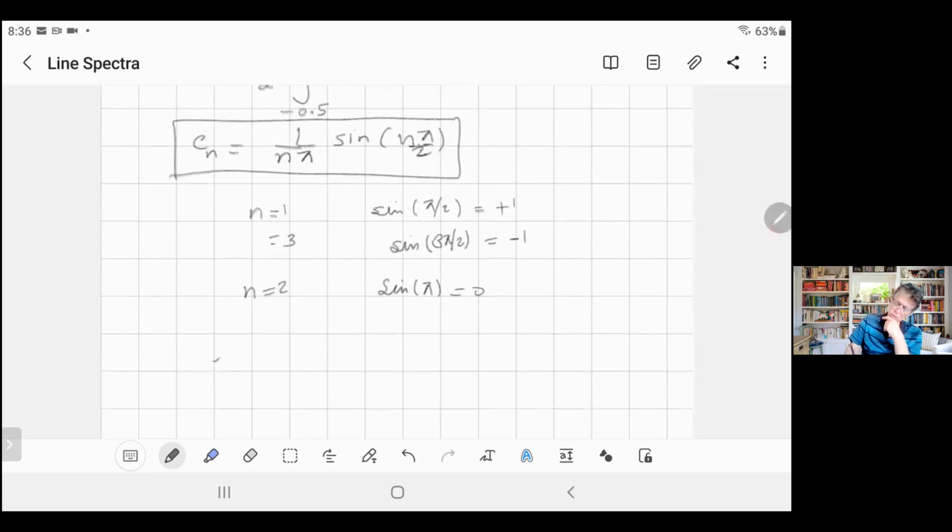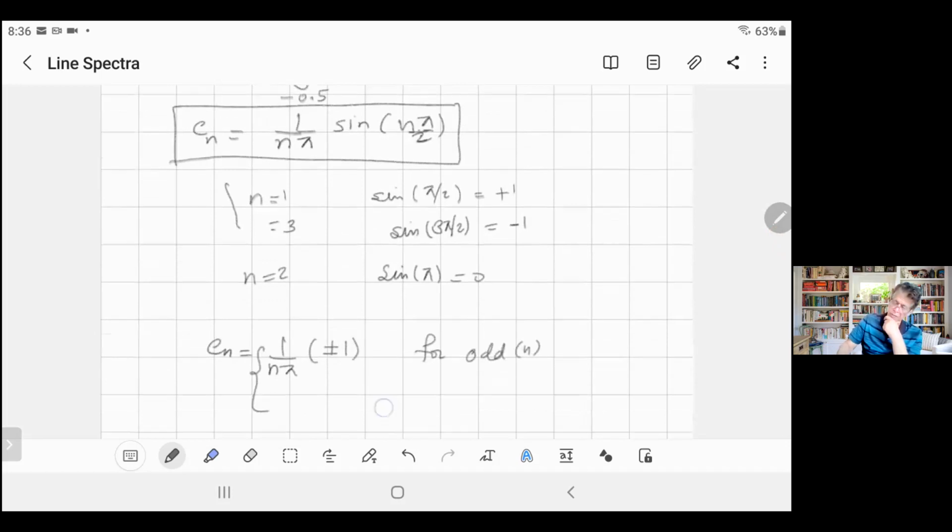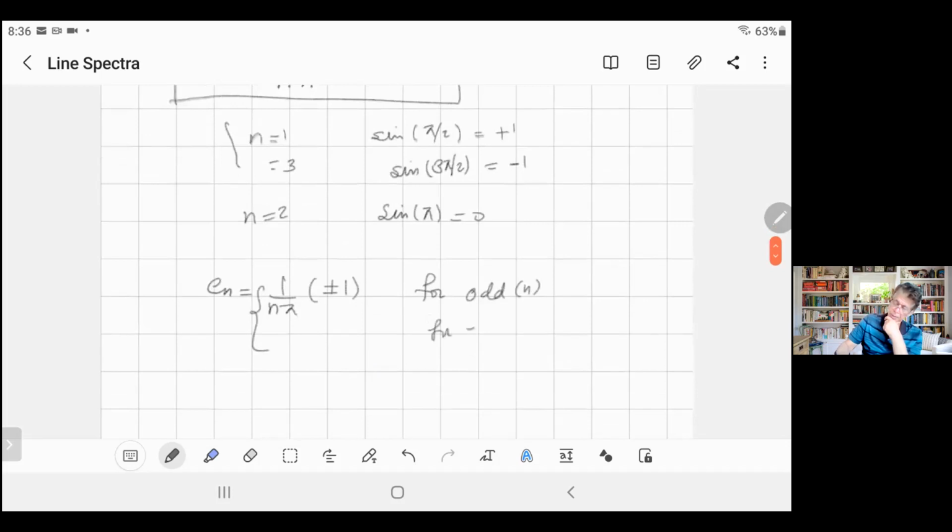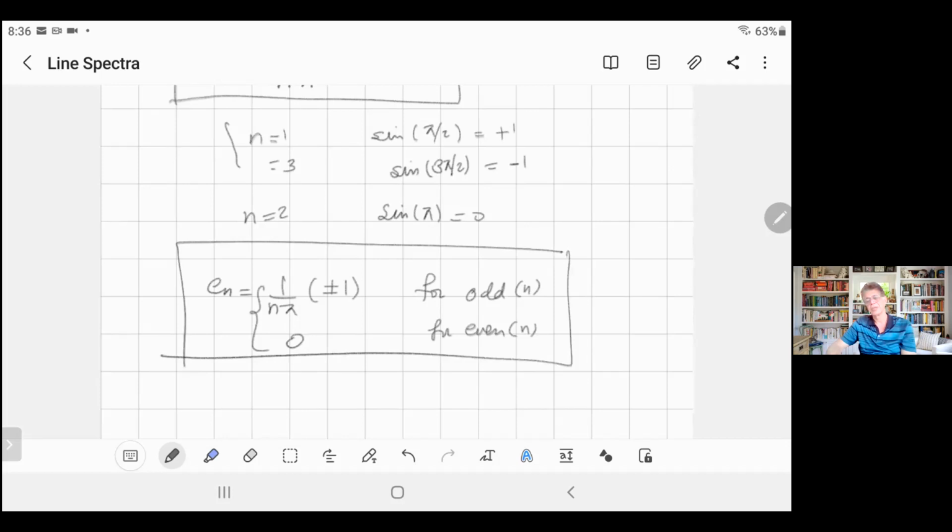So Cn is only equal to 1 over n pi multiplied by positive or negative 1, and only for odd n. But for even n, the value of Cn is equal to 0. So we found Cn.